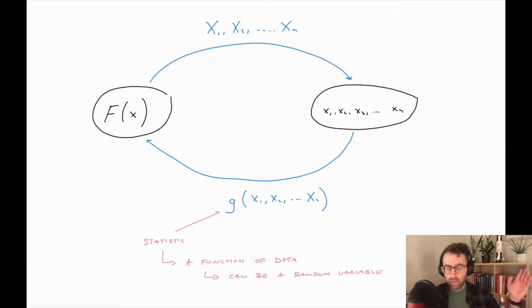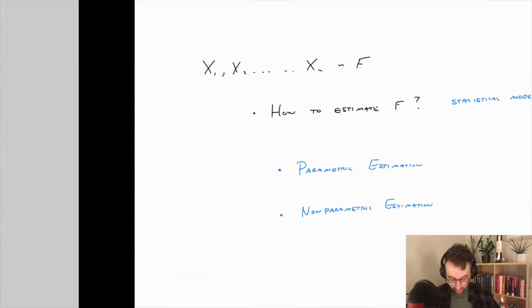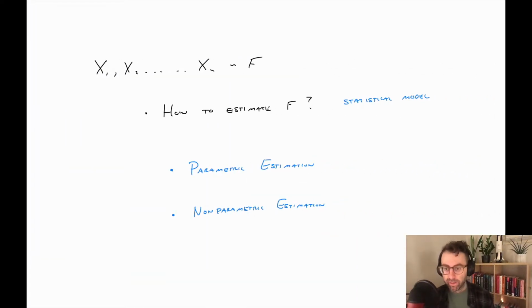This distribution, or the state of the world, we can sample from it to obtain some data, and then with that data, we apply some function, which we call a statistic, that hopefully will tell us something useful about the distribution from which that data came. And one of the key tasks that we are doing is trying to directly infer the distribution function. Which is exactly what I want to talk about here.